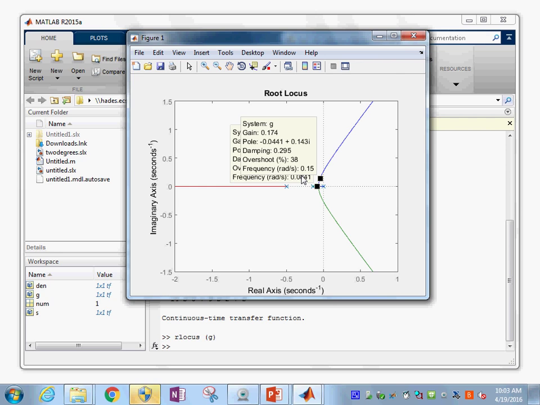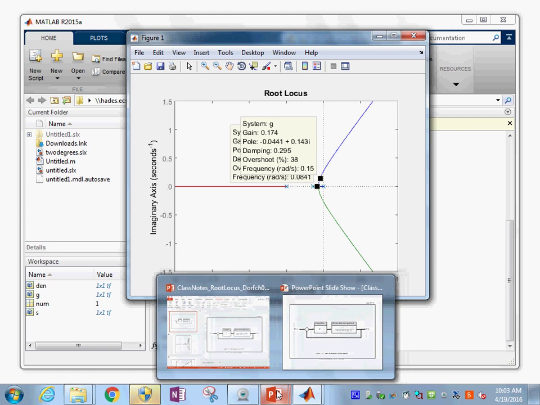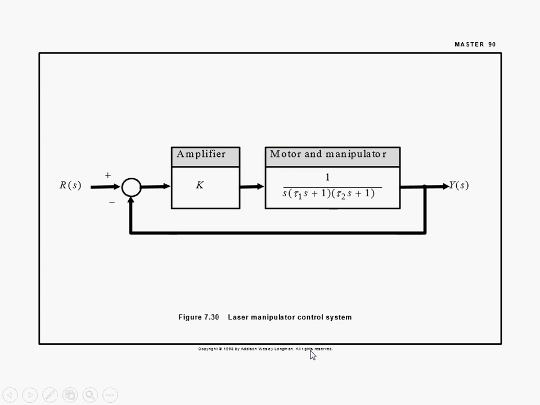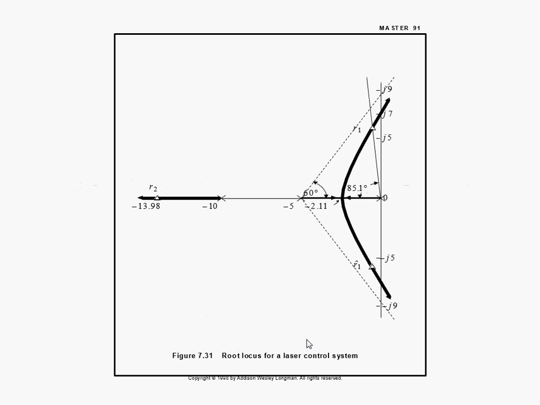So you can find out a lot of information by using the plot, and that's what these homework exercises would help you do. So in here, if we go back to the presentation that I started over here, we had this form. If we have this form, we know the root locus is going to be like this.